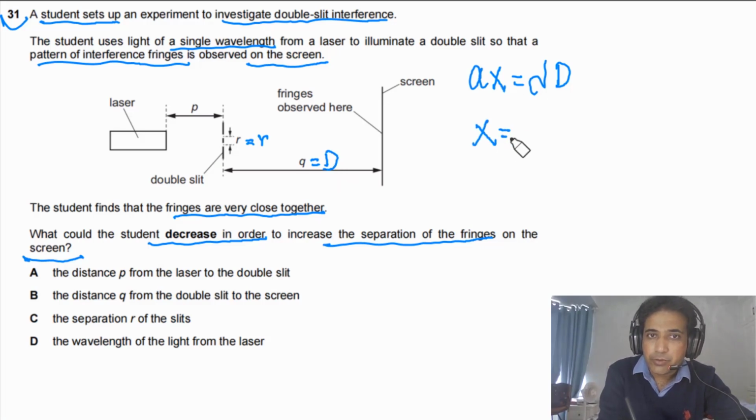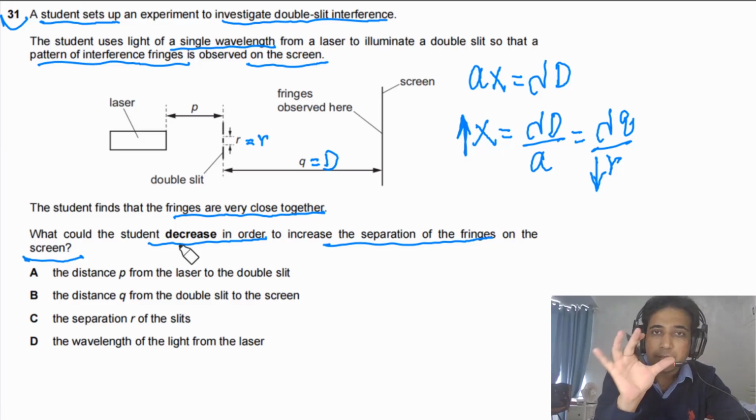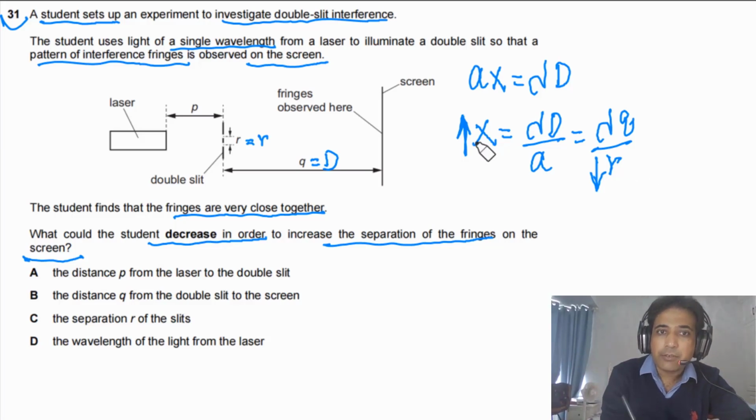So simply we can write x is equal to lambda times D divided by a, that is lambda times Q divided by R. In order to increase x, we have to decrease R. We can also increase x by increasing Q, but the question is asking what can be decreased. So if we decrease R, x will increase.